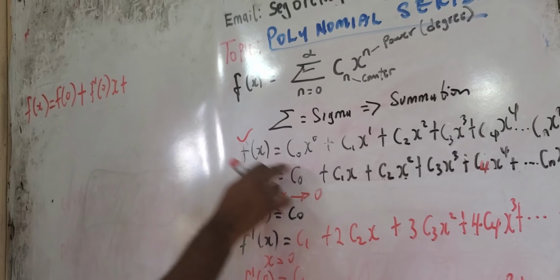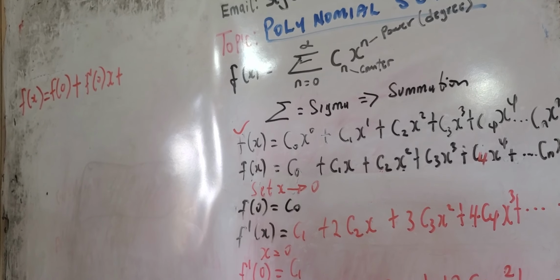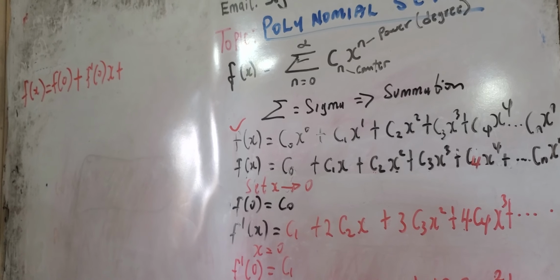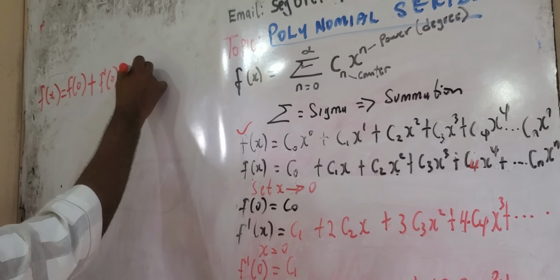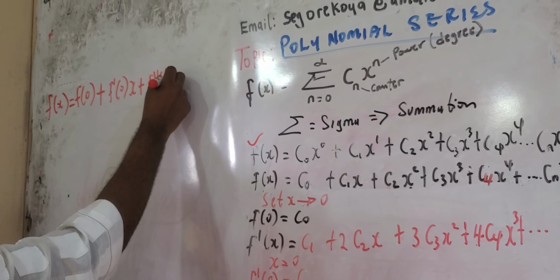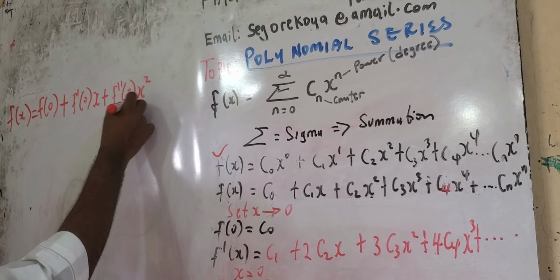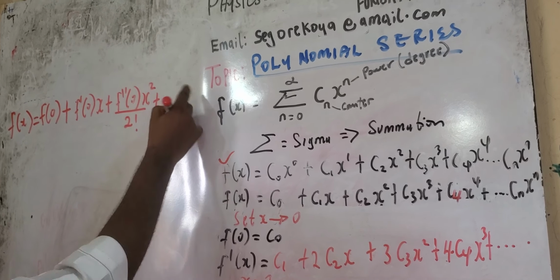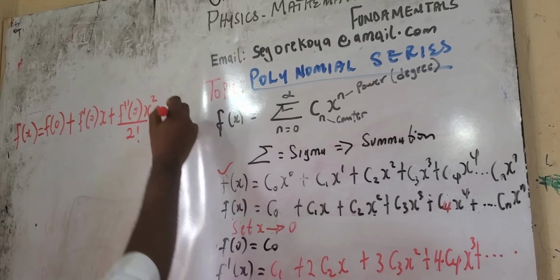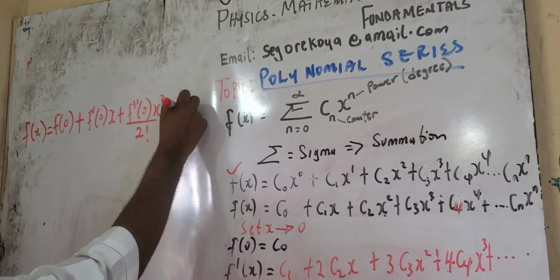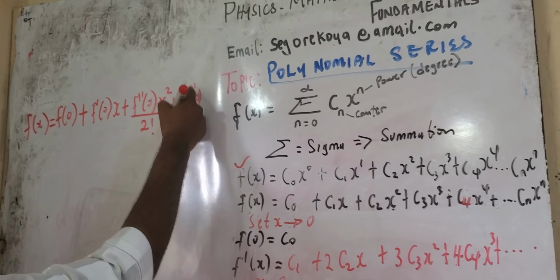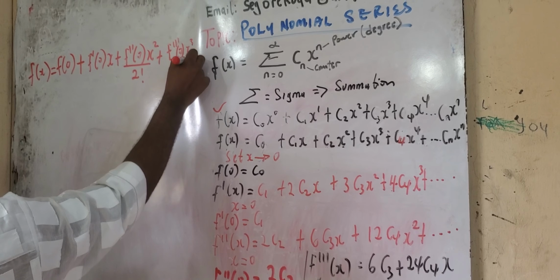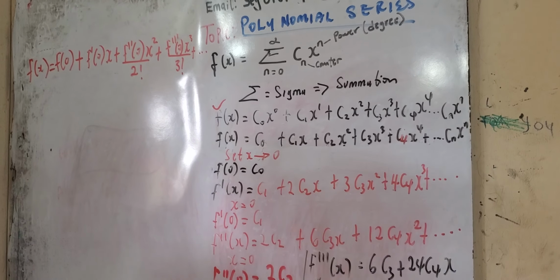Then plus, my C2 that I have here is f prime prime of 0 divided by 2, or 2 factorial. So I have f prime prime of 0, x raised to power 2 all over 2 factorial, plus the next one will be, by substituting for the C3, f prime prime prime of 0, x raised to power 3 all over 3 factorial, and the summation continues like that.